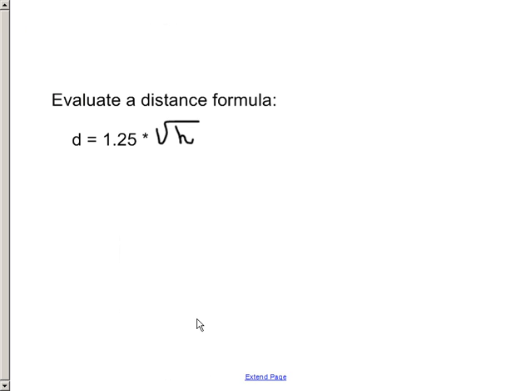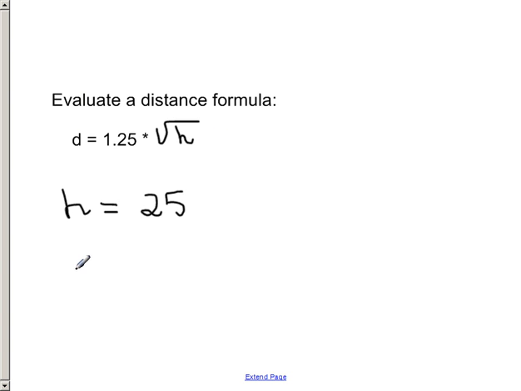So I told you that we'd be using that square root key to evaluate a distance formula. And the formula is d, which is distance, equals 1.25 times the square root of h, which is the height. So if I told you that the height was equal to 25, we just learned that the square root of 25 is 5.